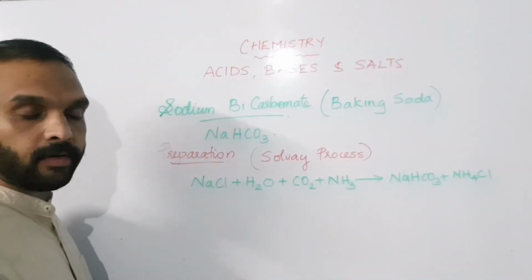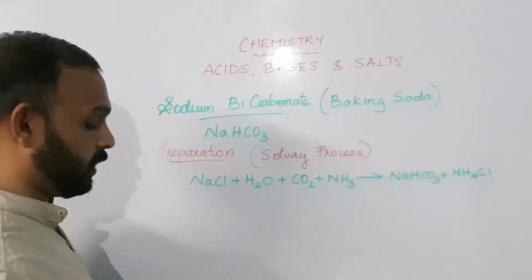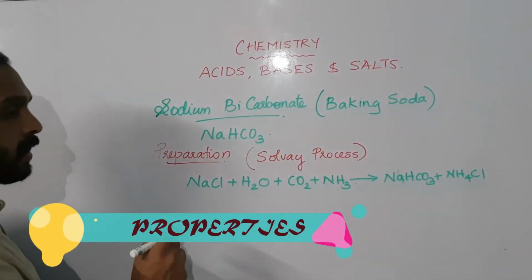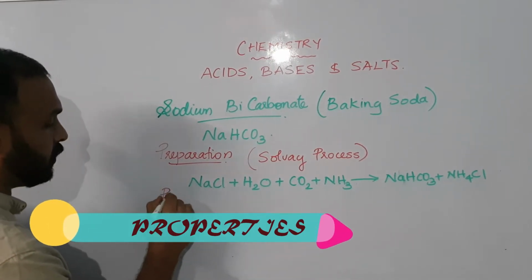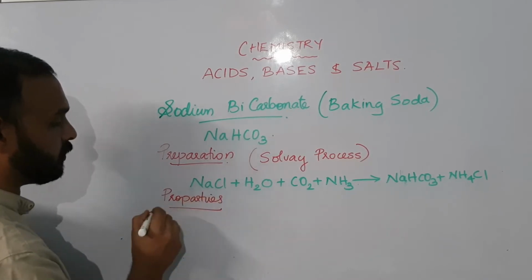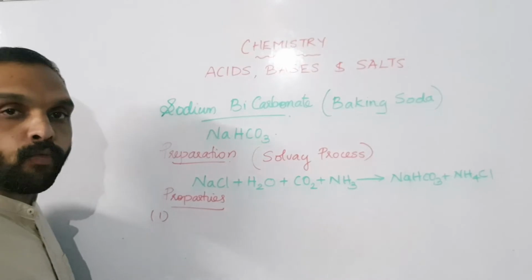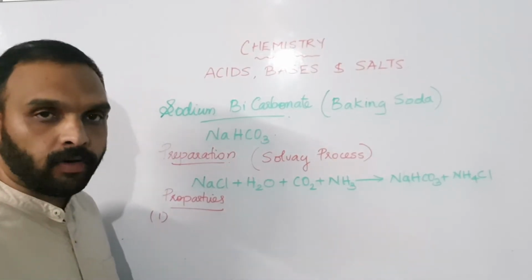Simple process. Now let's move to the properties of sodium bicarbonate. The properties are very simple. It has some 3 to 4 important properties. The first thing is that it is a white crystalline solid.